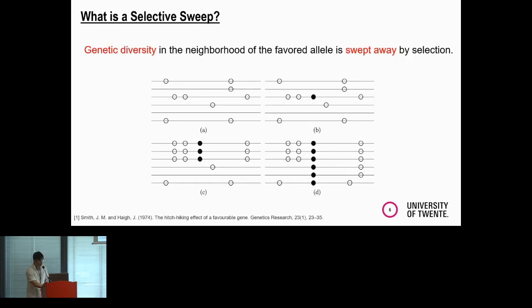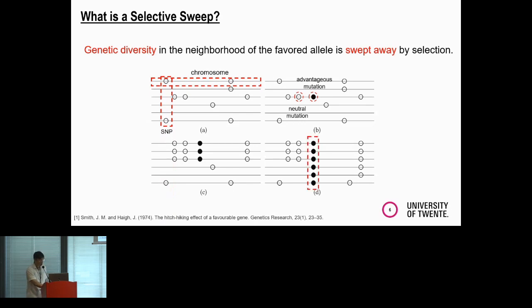So when positive selection occurs in a population, it will leave its traits, the selective sweeps, in this population. The genetic diversity in the neighborhood of the favored allele will be swept away by selection. Here, each row represents a chromosome, while each column represents a SNP. The white circles denote the neutral mutations, while the blacks represent the advantageous mutations.